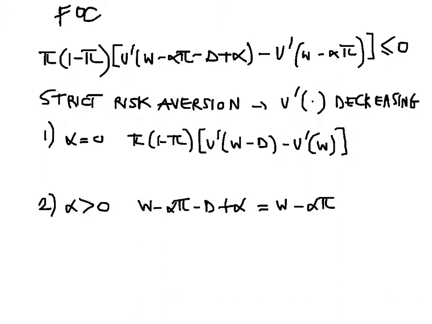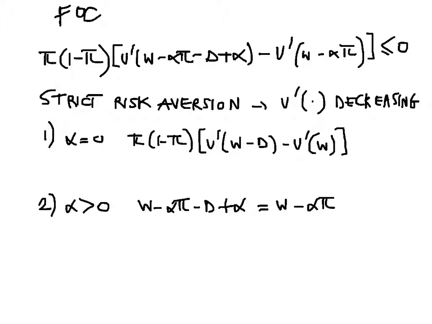Let's consider two situations. The first situation is where alpha is equal to 0. What do we get? Well, this entire expression here reduces to this, and we can easily see that if pi is equal to 0, or if d is equal to 0, this entire expression will also be equal to 0.